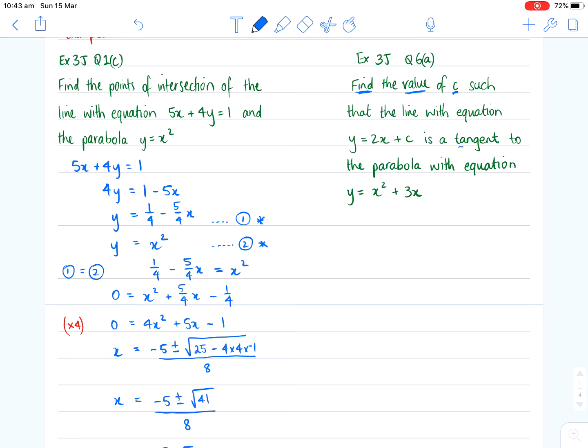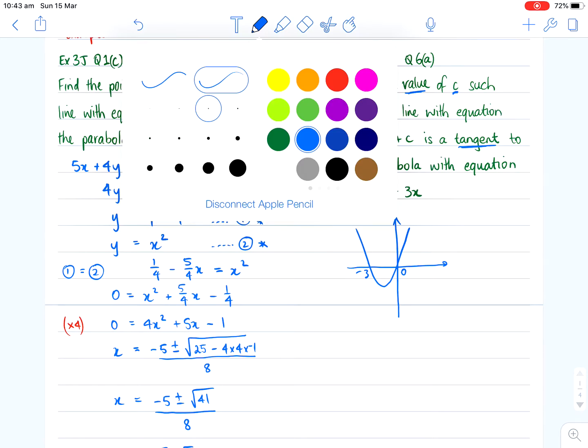And then we've got this other word in here, which is tangent. 2x plus c is a tangent to the parabola. So if you're not sure what a tangent is, I'll draw a really quick sketch here. The graph of y equals x squared plus 3x is a parabola that will have the intercepts at 0 and -3.